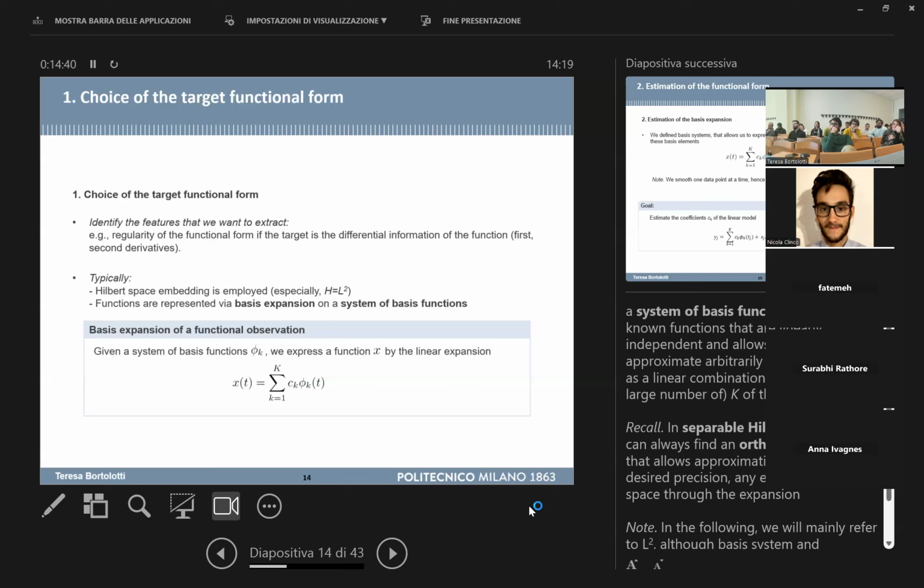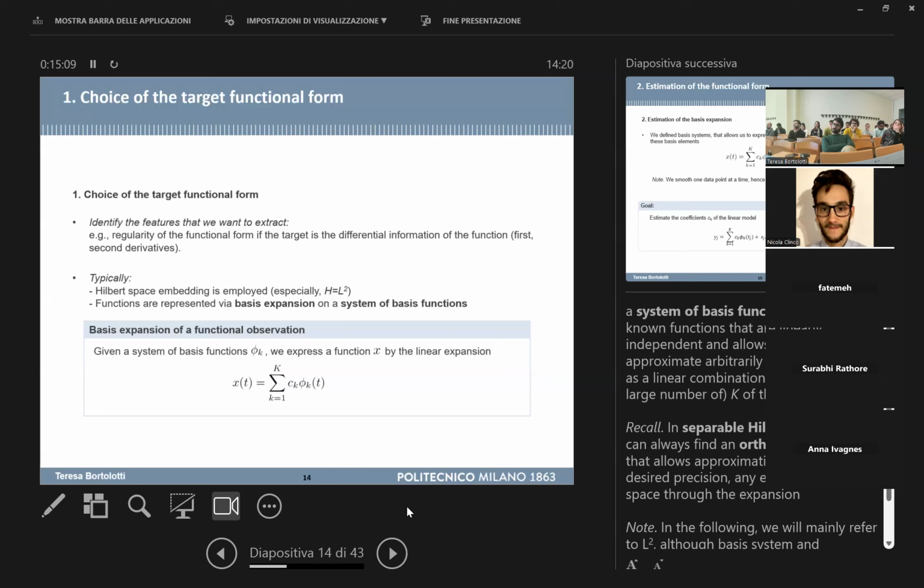Because L2 is a separable Hilbert space, so you know that there always exists an orthonormal system of functions. So, for example, if these were the eigenfunctions of the Hilbert space of L2, then you would know that if k is equal to infinity, you are able to completely reconstruct your x. This is the theory underlying this entire methodology.